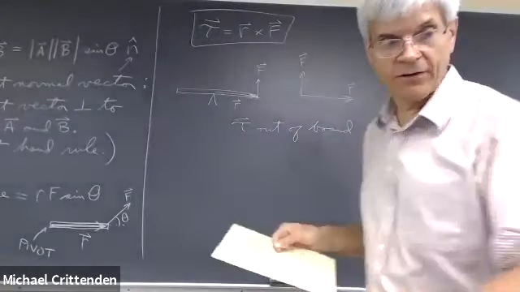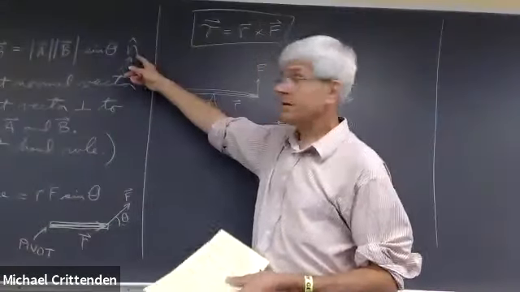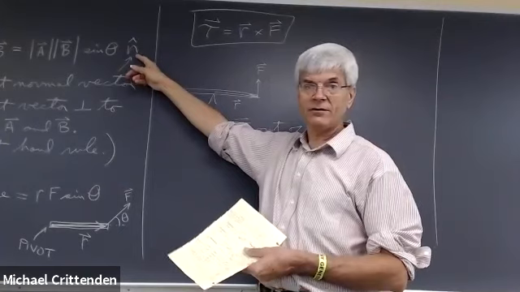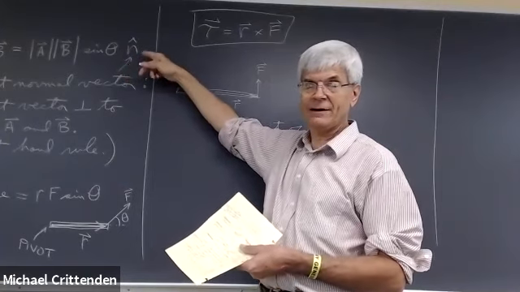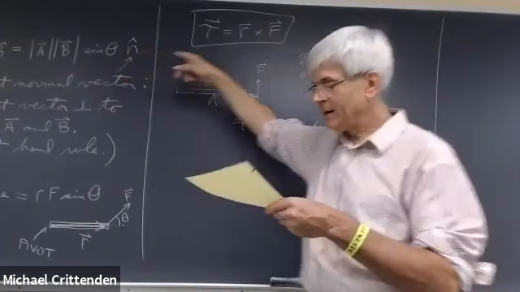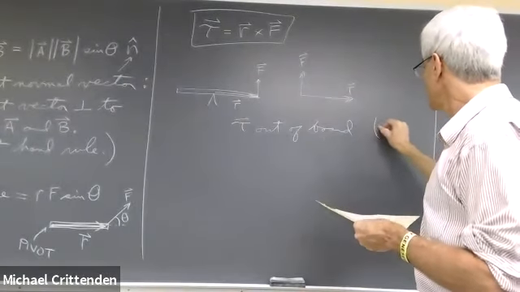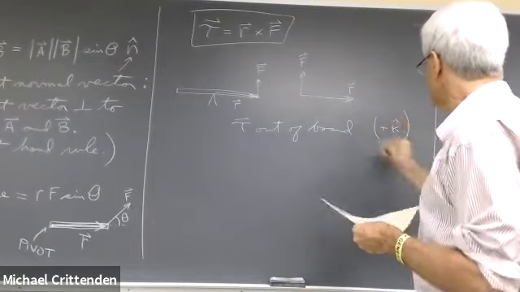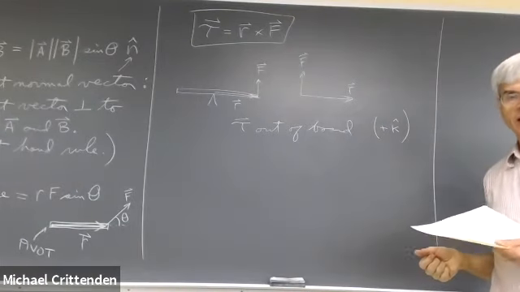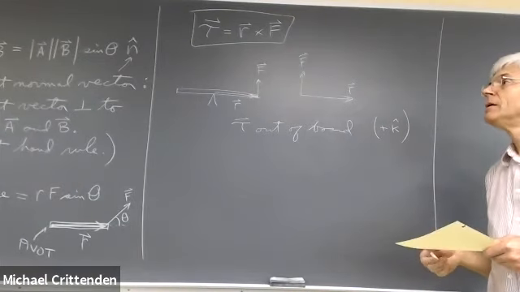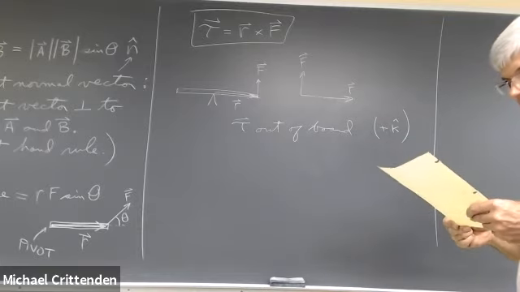In other words, in this particular case, this unit vector that I was trying to talk about generically over here, which I just called N, would be plus K. Okay? It would be pointing in the positive Z direction.